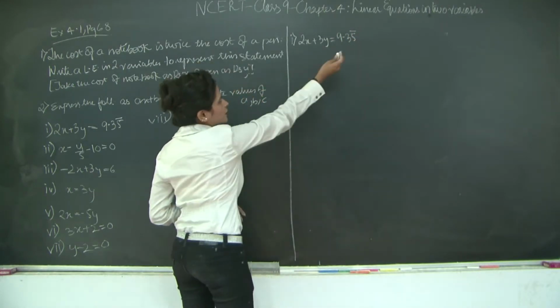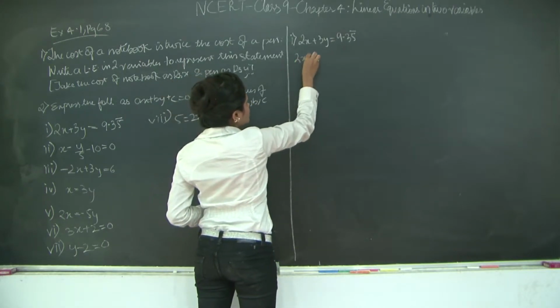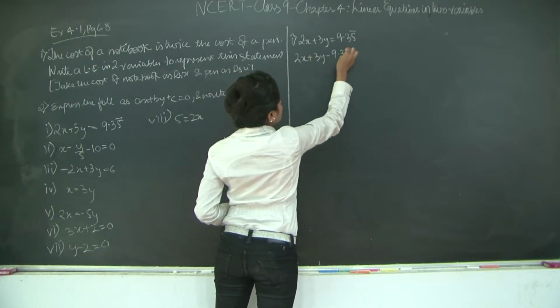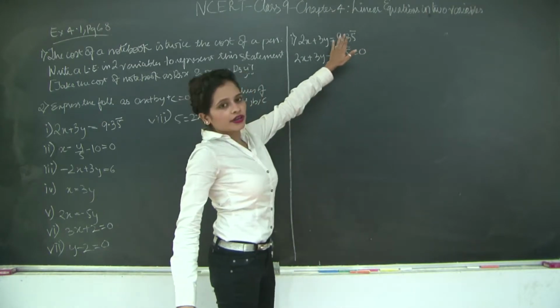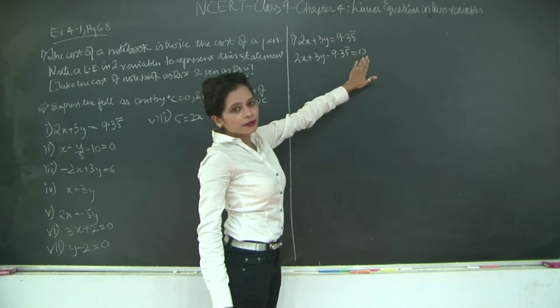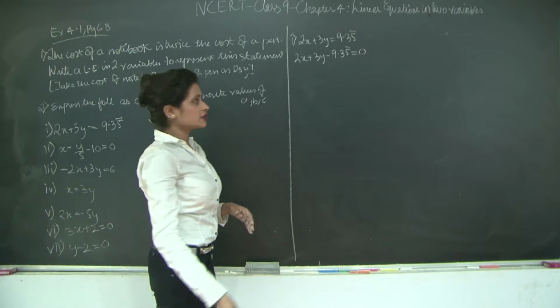So what I am going to do is shift this constant to the left hand side so it will become negative. Therefore our equation is 2x plus 3y minus 9.35 bar is equal to 0. Since you move 9.35 bar to the left hand side, there is nothing left over here, that is why it becomes 0.